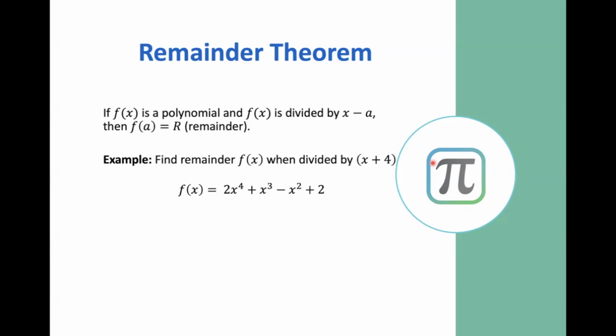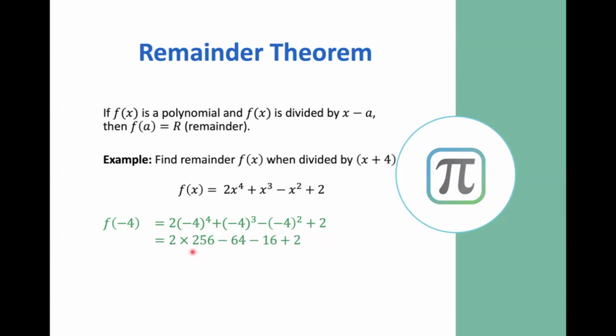So what we can do is substitute minus 4 into the equation. Minus 4 to the power of 4 times 2 plus minus 4 cubed minus minus 4 squared plus 2. And again, remembering that a negative number to a positive power gives a positive number.